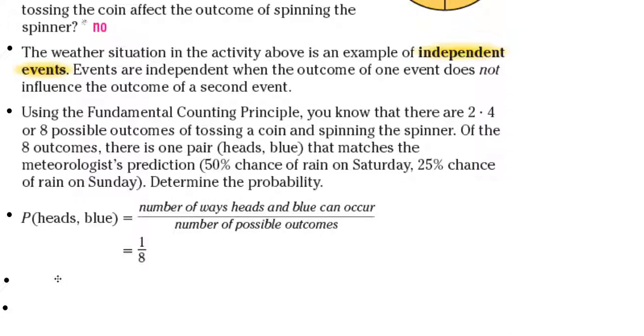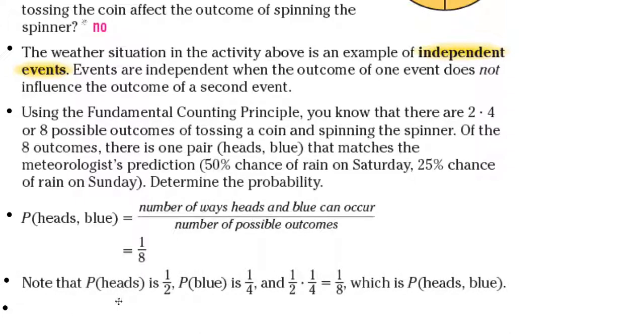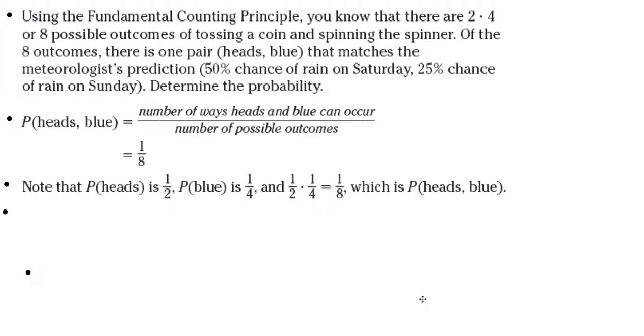Now we know that the probability of heads is 1/2, and the probability of blue is 1/4. So to get 1 over 8, we can also multiply 1/2 times 1/4, which is 1 over 8, also the probability of getting heads and blue.